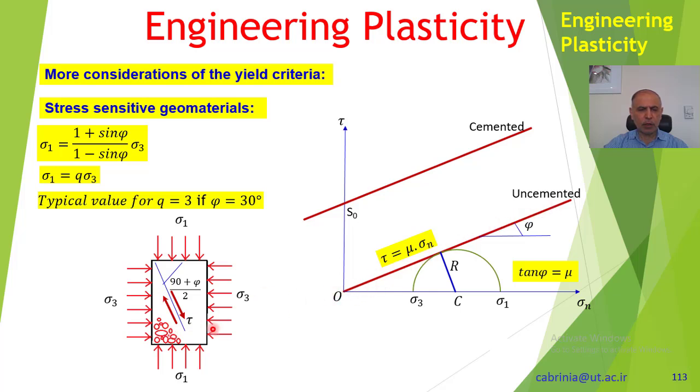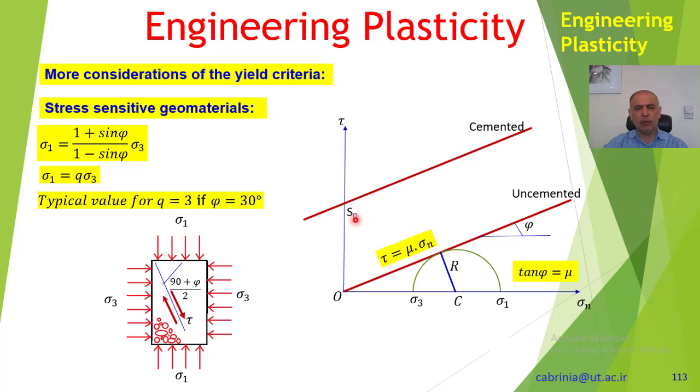It was 0 because there was no cement or glue or anything, but here we have this. So depending on the material that we have put between these particles, the cement, how much adhesion that has, how much cohesion that implies, then this S0 will be less or more.